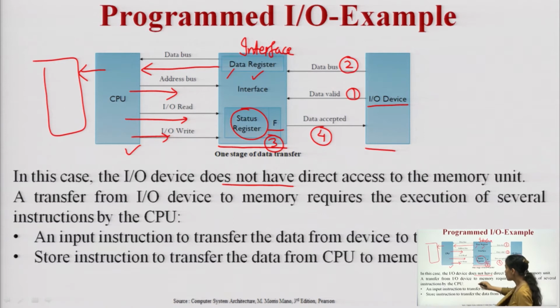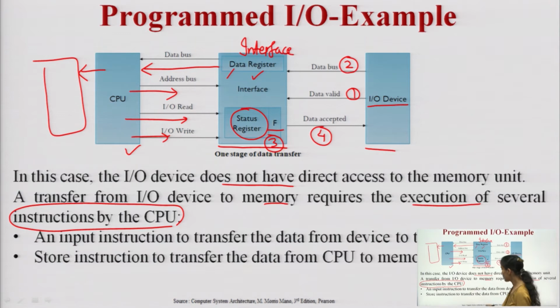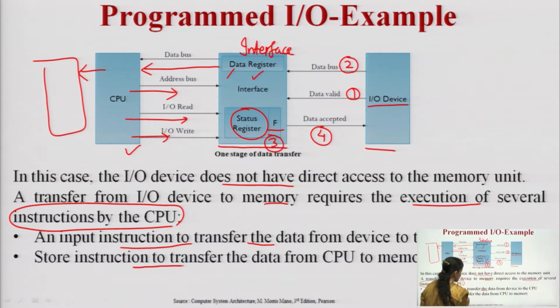So the transfer from IO device to memory requires the continuous execution of several instructions that are written in the form of an instruction program by the CPU. So there is an input instruction to transfer the data from the device to the CPU, and the second one is the store instruction to transfer the data from the CPU to memory.